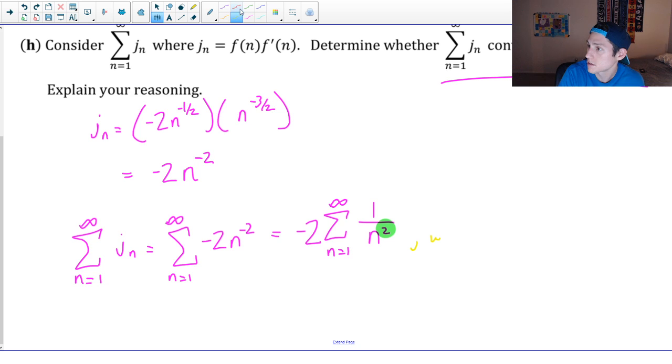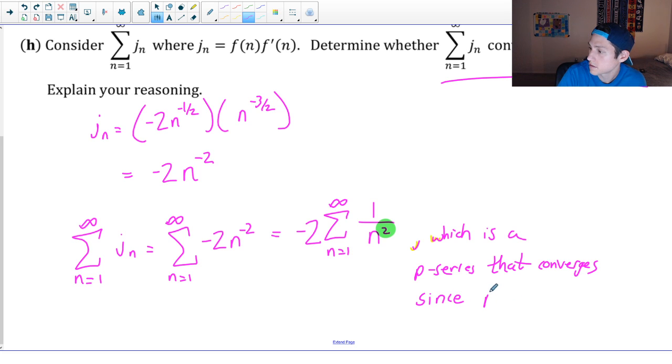So again, I will say, this is a P series that converges since P is 2, which is greater than 1.